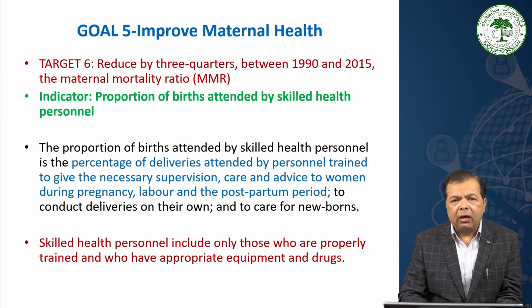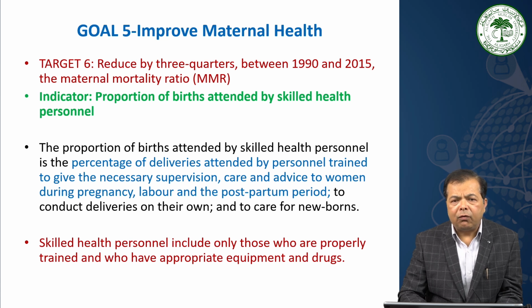Because in India, there is a practice of child delivery at home. And so there is one very important intervention, that the child delivery should take place in an institution, which is also known as institutional child delivery. Or if that institutional delivery is not possible, then the childbirth should be attended by skilled health personnel. And so this is a very important indicator.